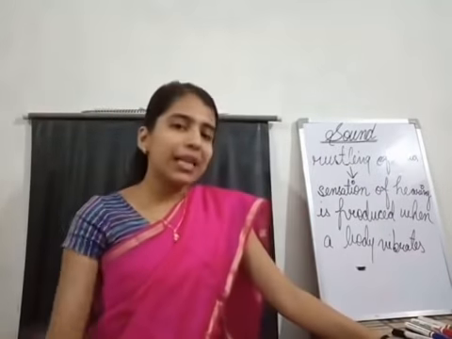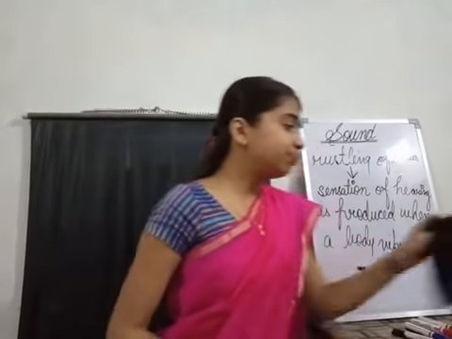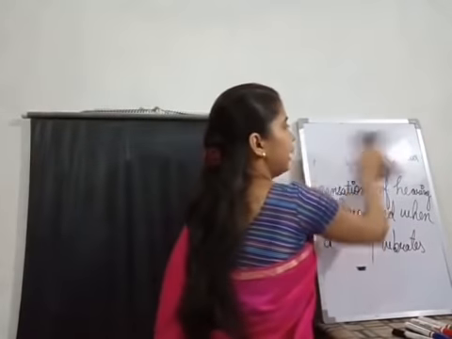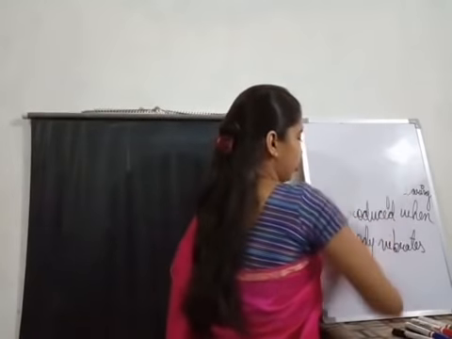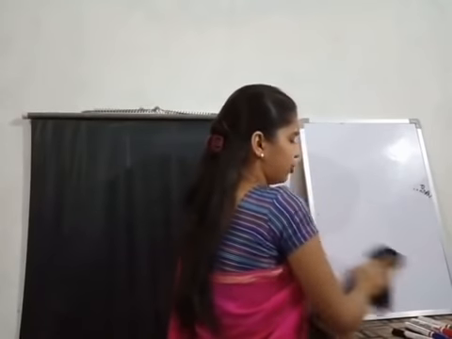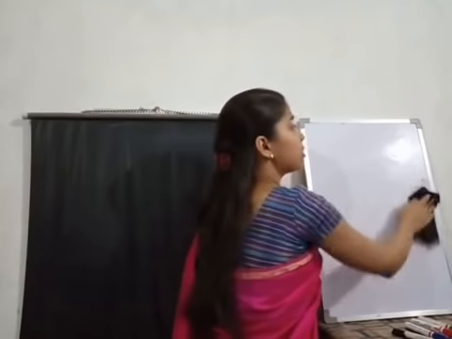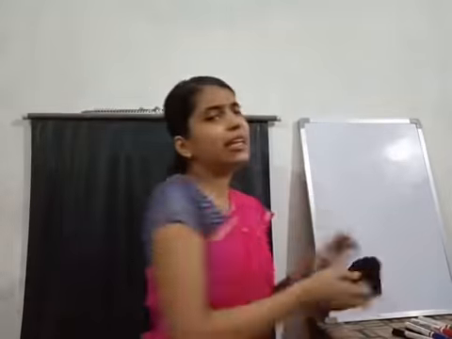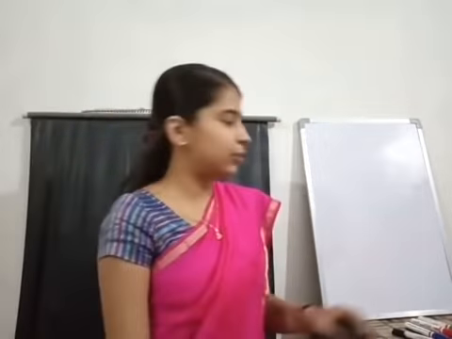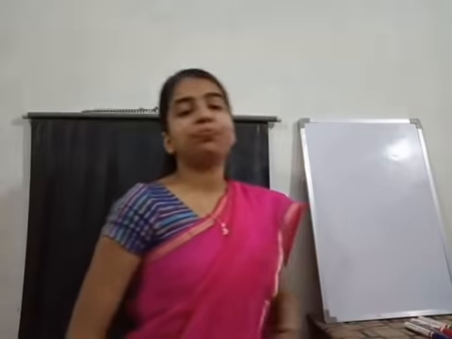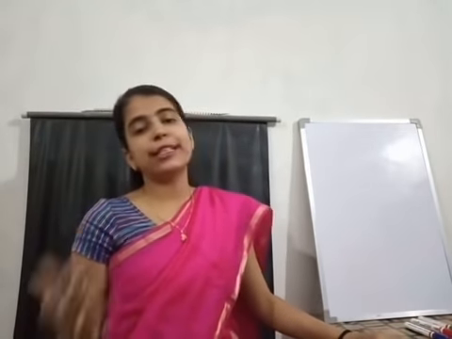Now there is a table of different sounds produced by different animals. Just go through it. I won't say to memorize everything, but at least go through the different sounds produced by those animals. Now, this one was about how sound is produced.